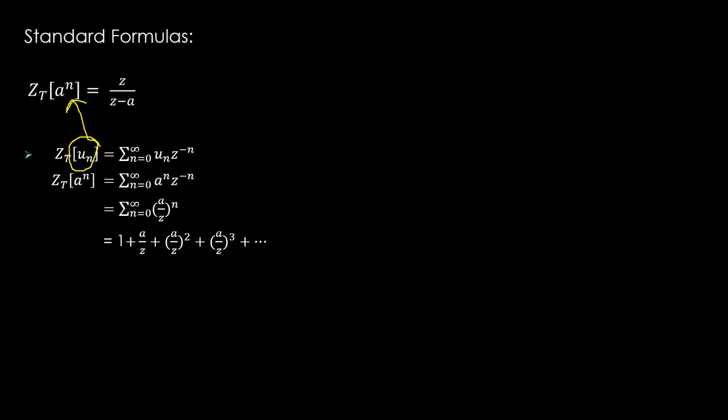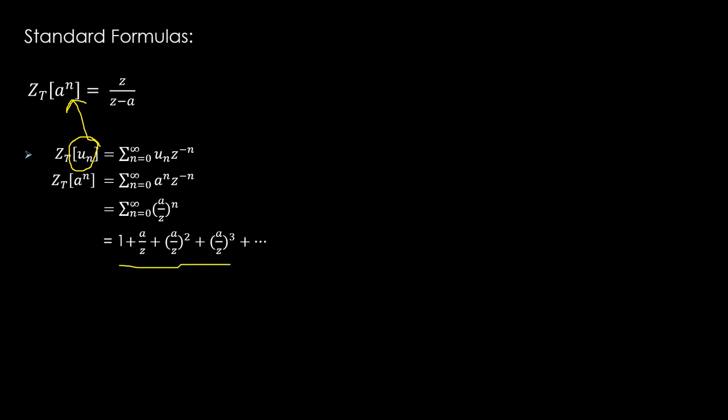For n equal to 0, the first term is 1. For n equal to 1, the second term is a by z. For n equal to 2, the third term is (a by z) whole square. For n equal to 3, the fourth term is (a by z) whole cube, and so on.